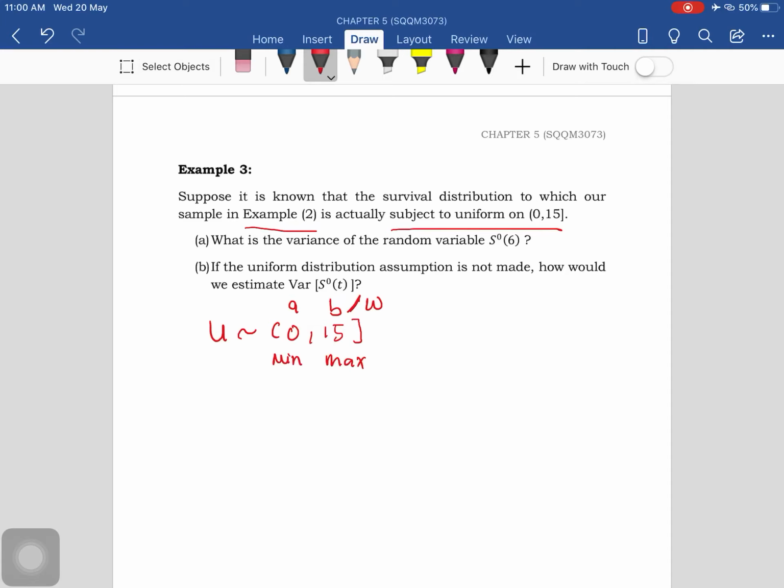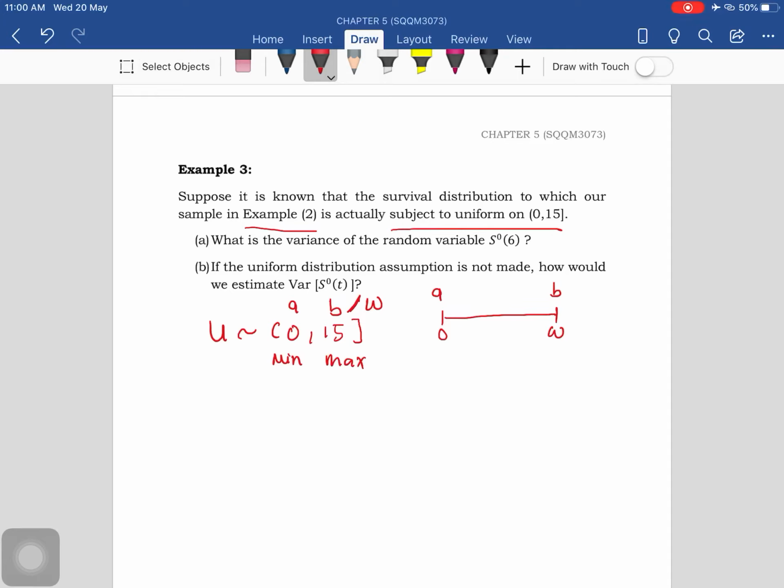So age always runs from 0, the newborn, until omega. The general formula for the uniform distribution is denoted with A and B, but for our survival model, we use omega instead of B.